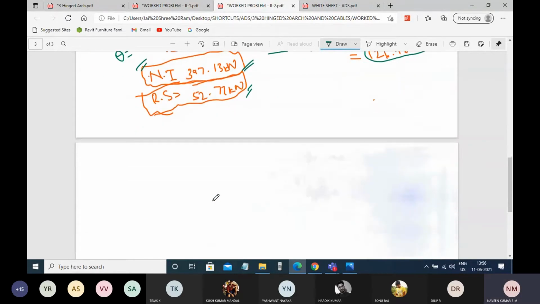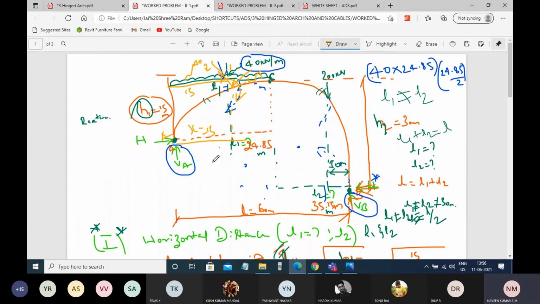And now very important is finding the bending moment at x equals 15 meter. So again go back to this particular one. Which forces are acting? One is VA, another one is the horizontal reaction, and another one is the UDL. Understood?